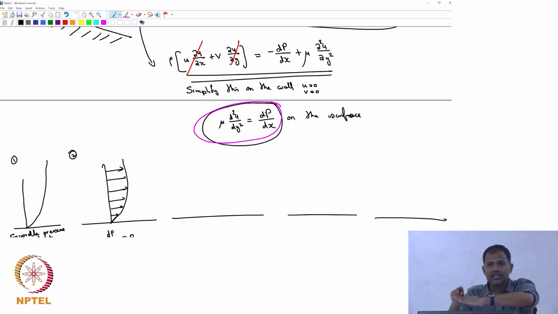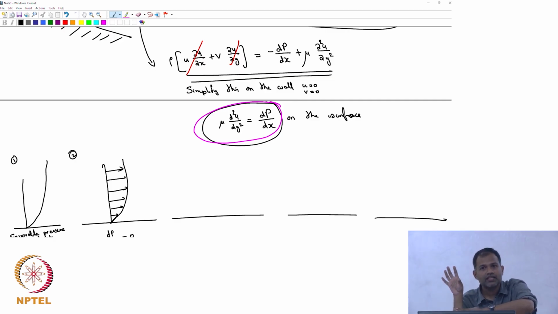Second thing I have said is, if I write down the x momentum equation on the wall, then because of no slip and no penetration, my u component of velocity is 0 on the wall, my v component of velocity is 0 on the wall, and therefore I am able to simplify my governing equation into this magenta circle, where I have only a viscous term and a pressure term.